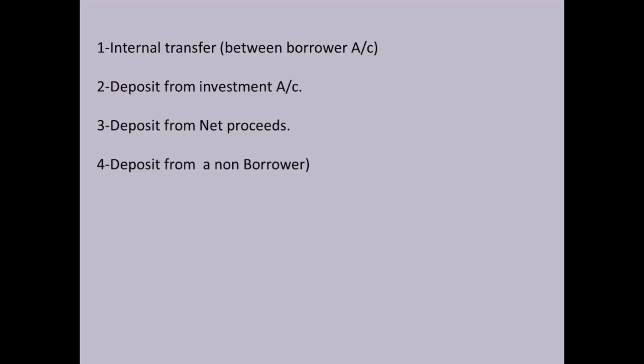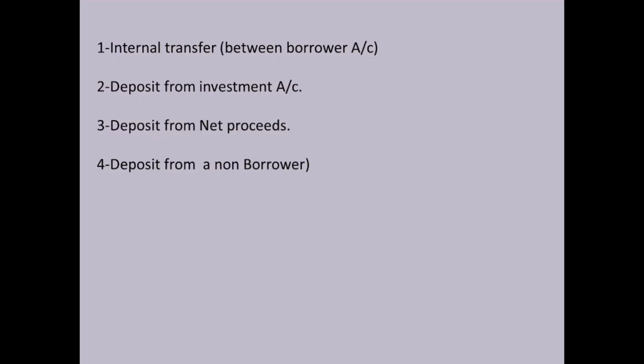In that case, if you are able to verify that the deposit is coming from an investment account that belongs to the borrower, you will not ask. If you are not able to verify whether the funds are coming from the borrower's investment account, you have to ask for the source of that deposit.